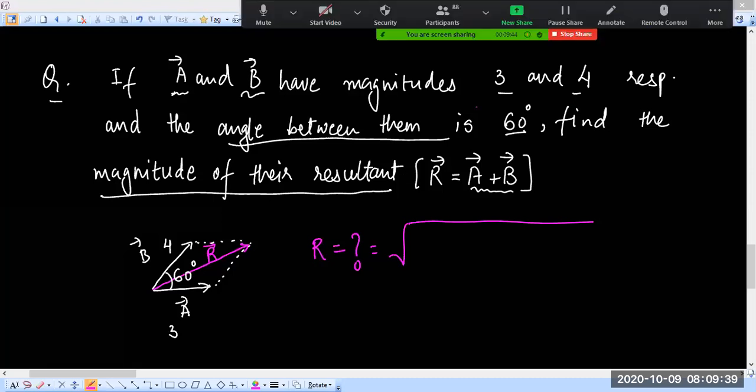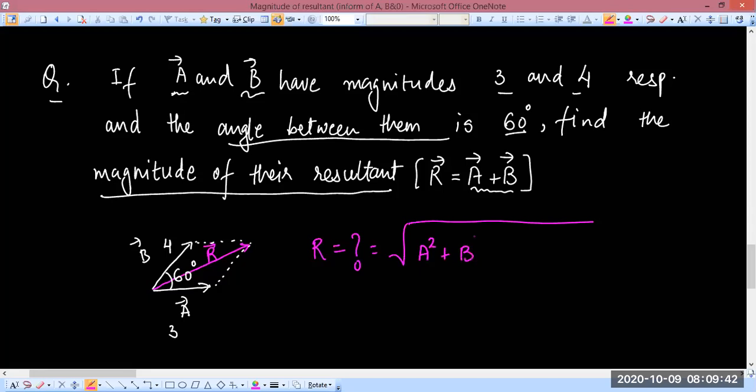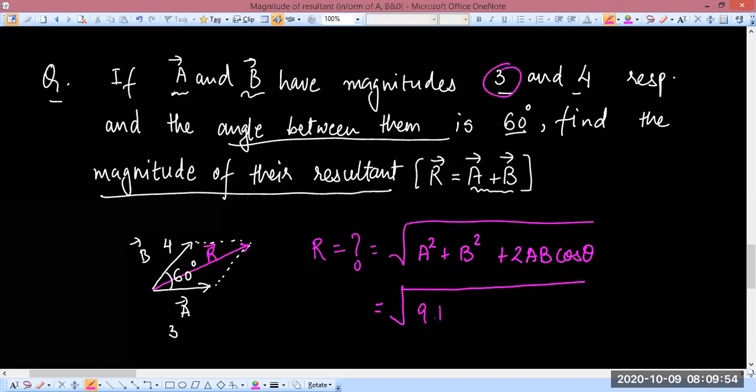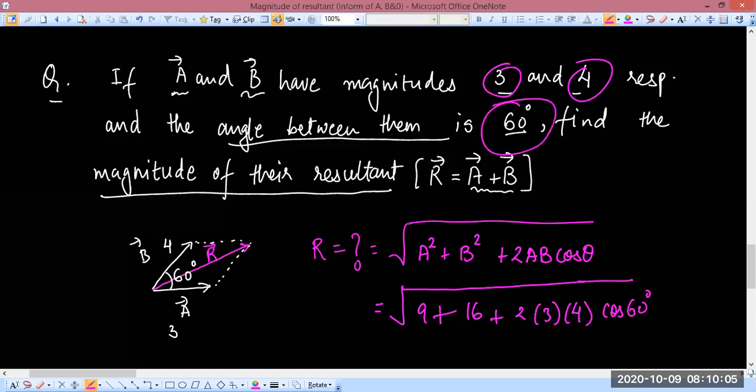So this is going to be the square root of A squared plus B squared plus 2AB cos theta, right? So let's put values. A, its magnitude is 3, B, its magnitude is 4, and theta is the angle between A and B, so 60 degrees.